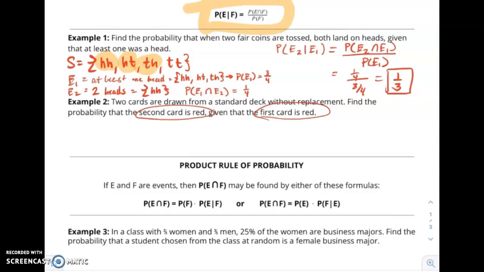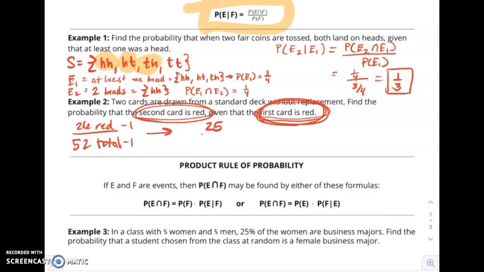So if we think about, given the first card is red, we start with 26 red over 52 total. Now, if I take away a red, then I'm also taking 1 out of the total. So the probability that the second card is red would be there's only 25 red left over 51 total cards. So that is going to be your probability. And we don't need to make it as complicated as using that equation at the top.